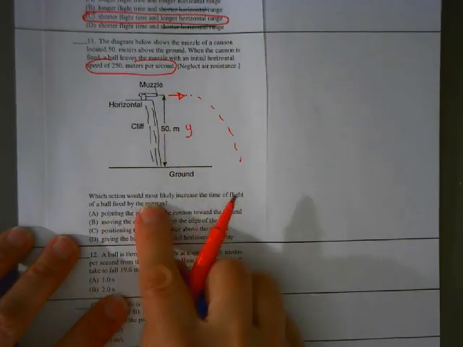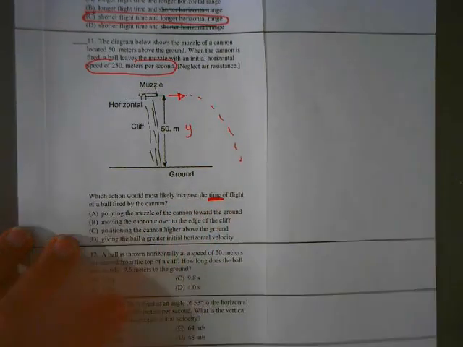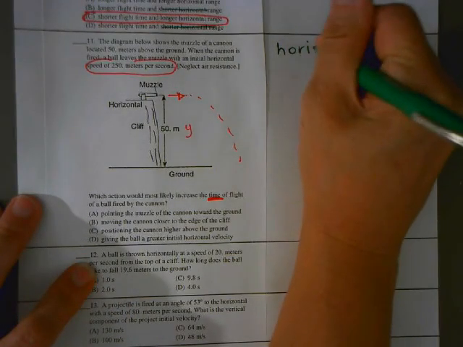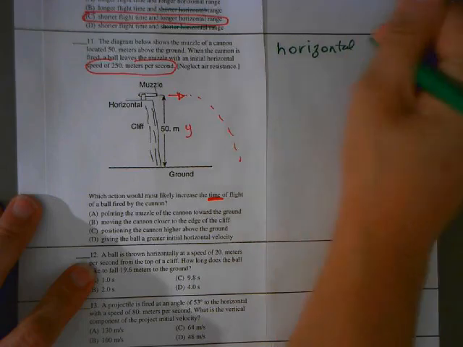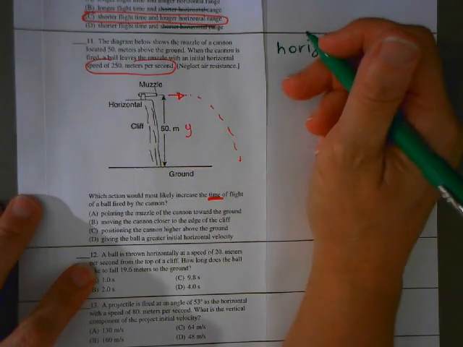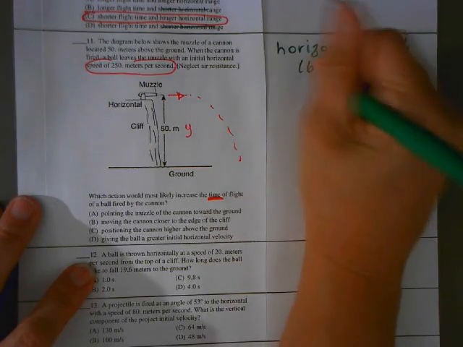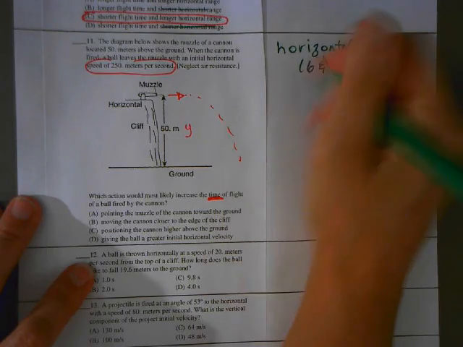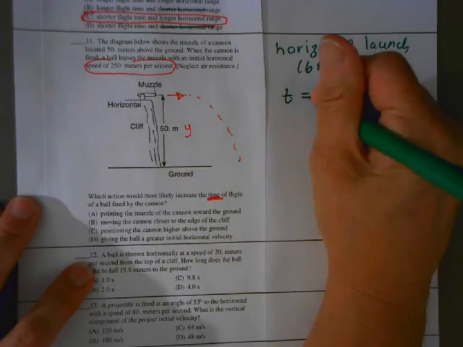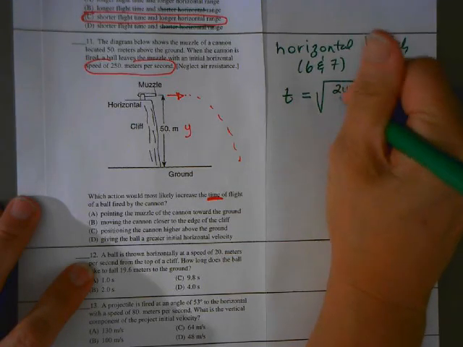So it says, which action would most likely increase the time? Well, this is a horizontal launch. We already derived before in questions 6 and 7 that for a horizontal launch, T is equal to the square root of 2y over g.